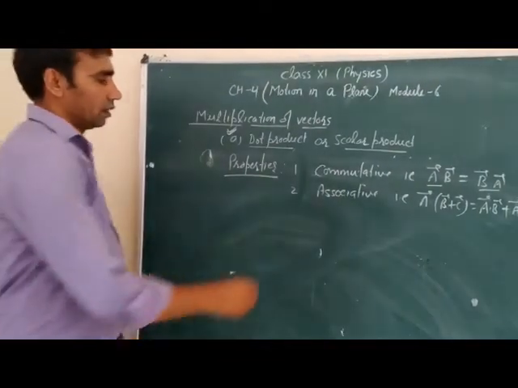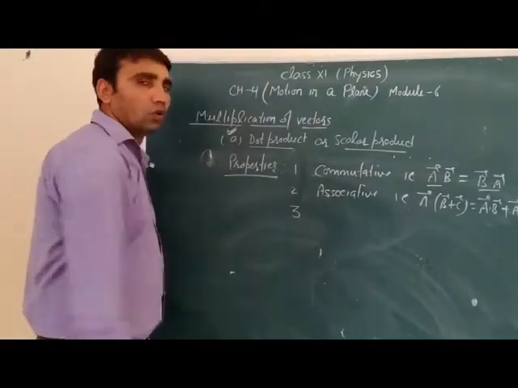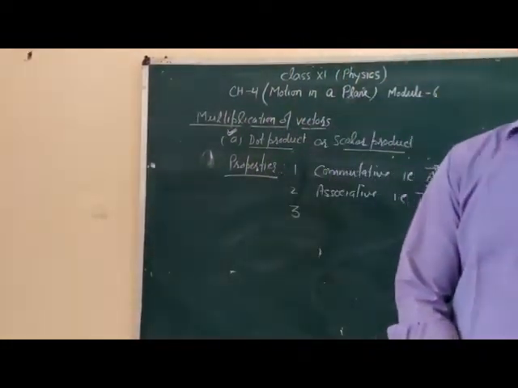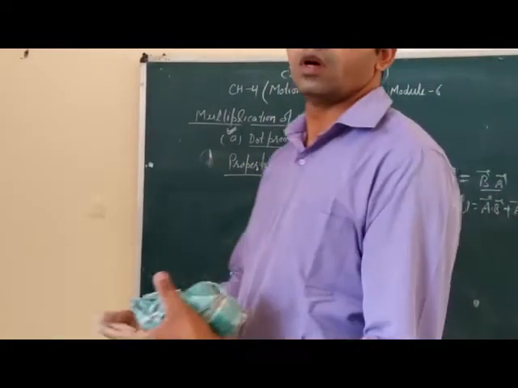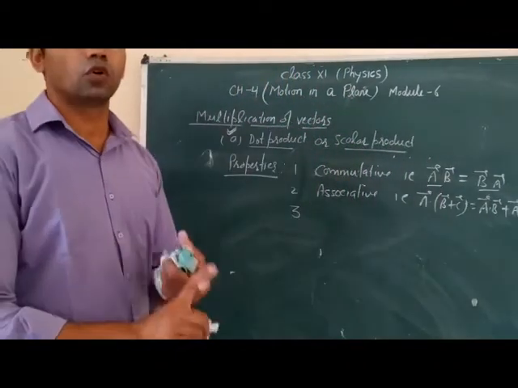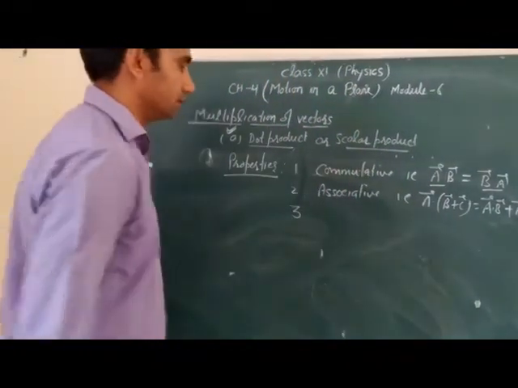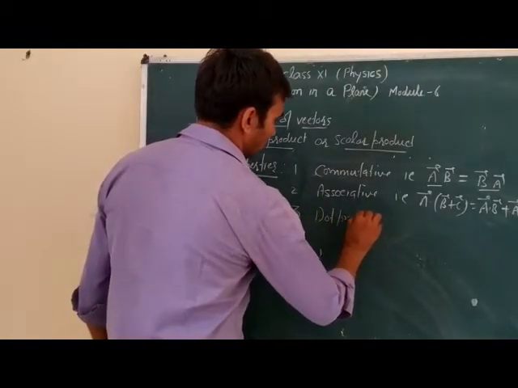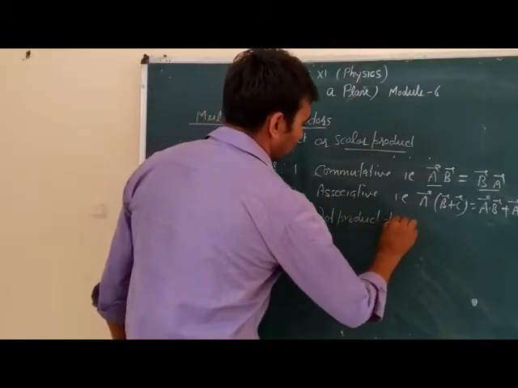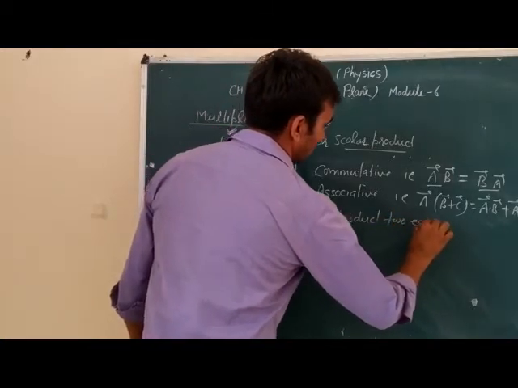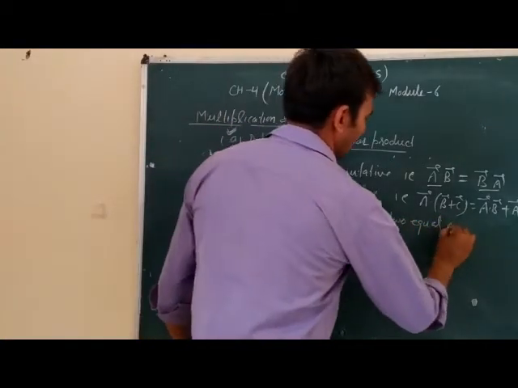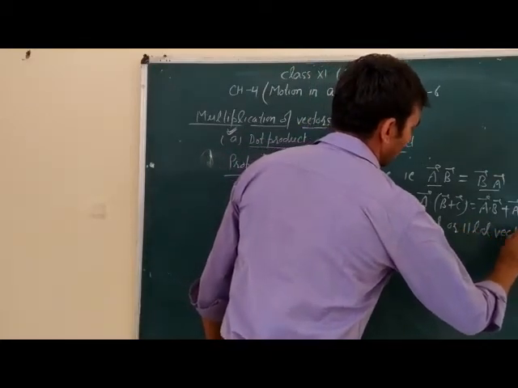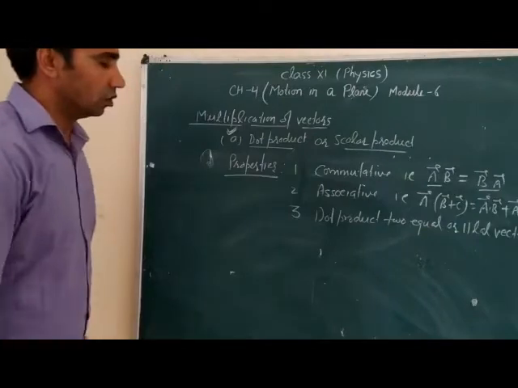Now, third property: dot product of two equal vectors, or two parallel vectors.